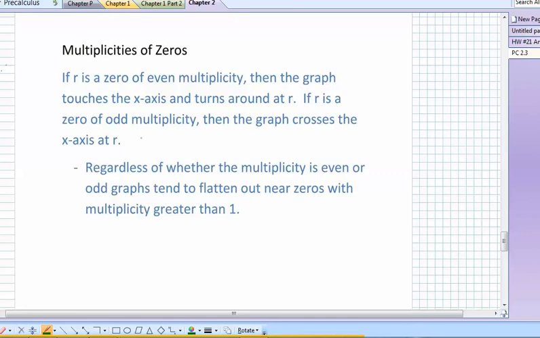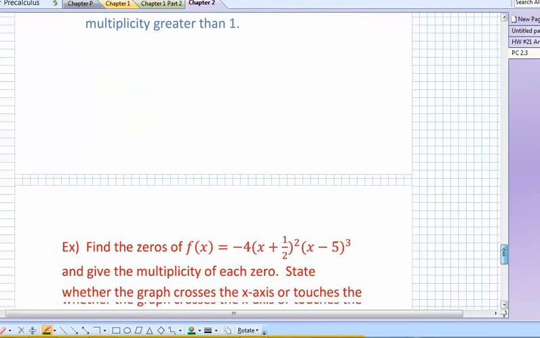If the 0 is odd multiplicity, then the graph will cross the x-axis at that point. Regardless, whether the multiplicity is even or odd, graphs tend to flatten out near zeros with multiplicity greater than 1. So here's what they mean.